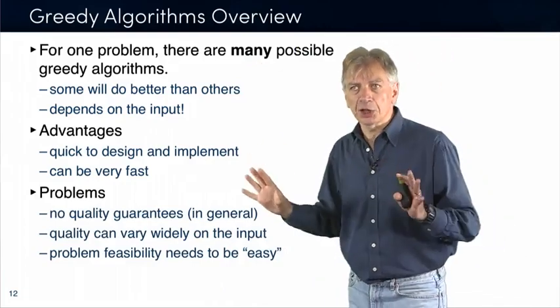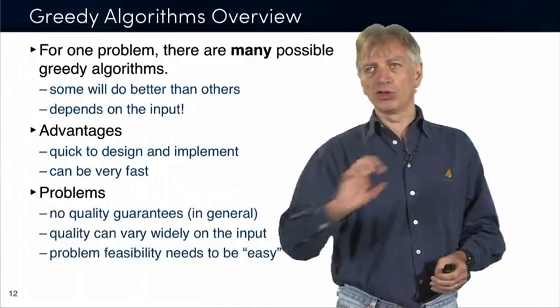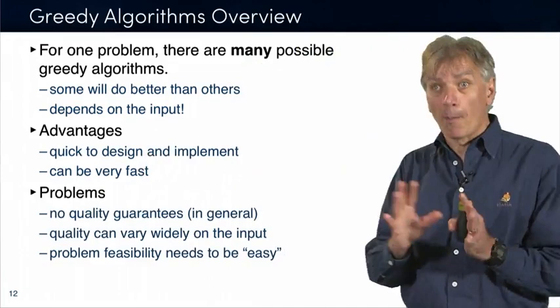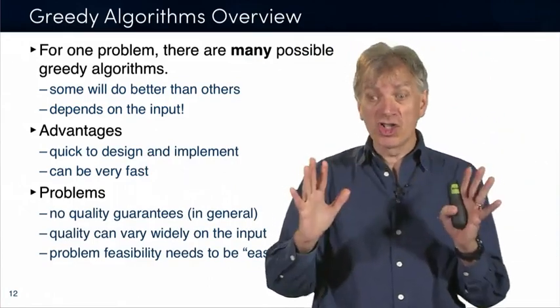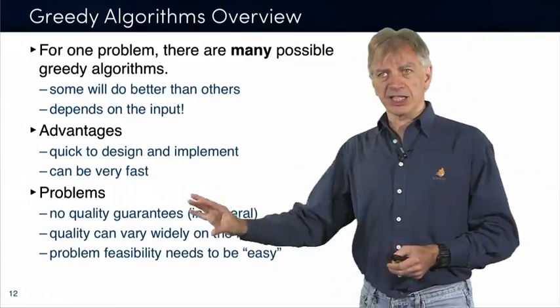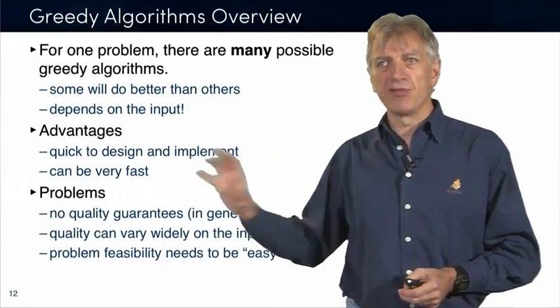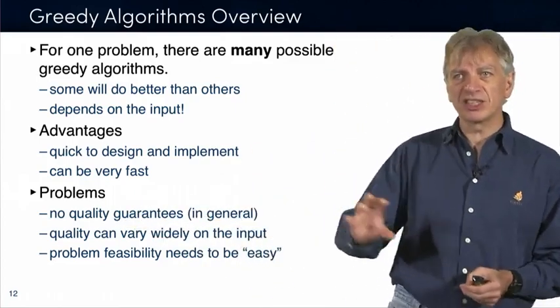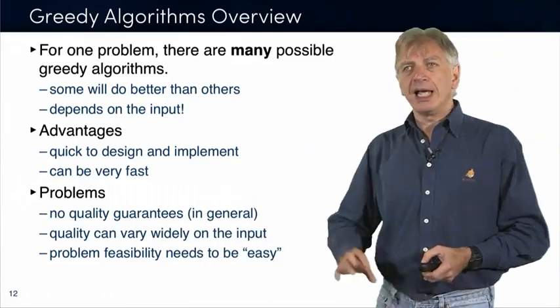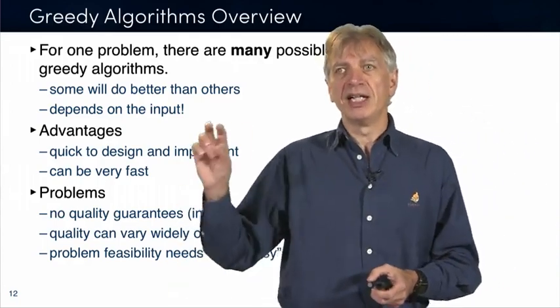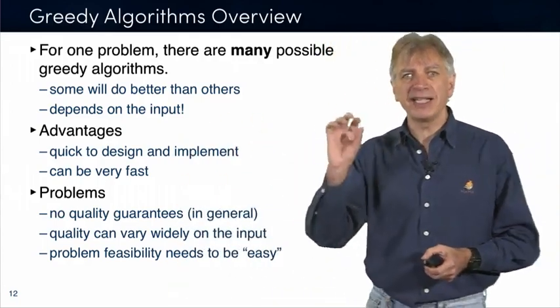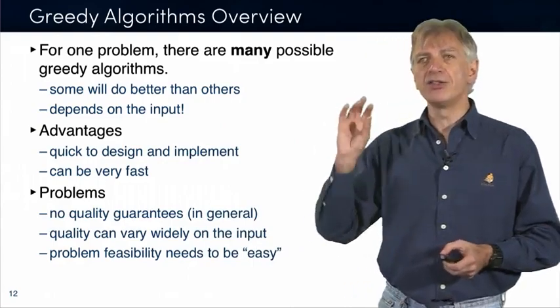They have a lot of issues, obviously. There are no solution guarantees in general. You don't know how much you can improve them. You don't know how good they are. The quality of these heuristics may vary from problem to problem, from instance to instance, and so on. And one of the things that I've assumed here is that you can build the solution easily. Finding a feasible solution is not an issue.